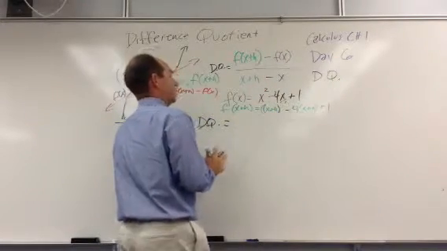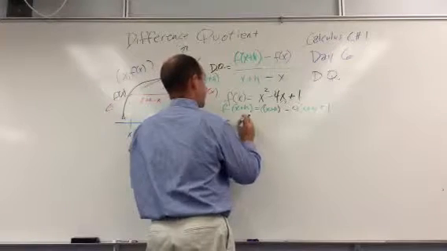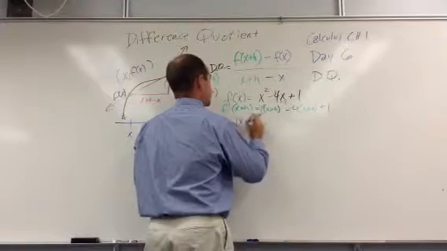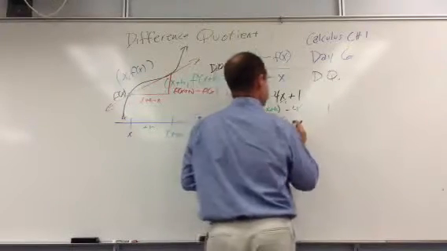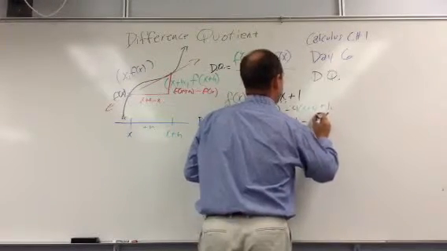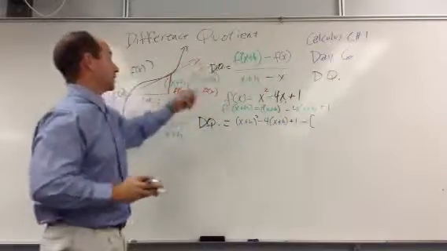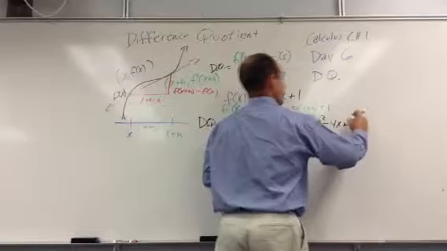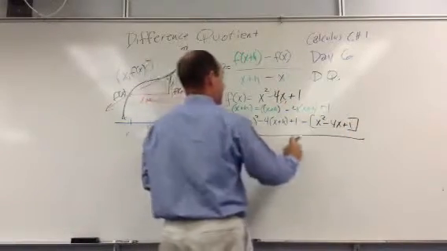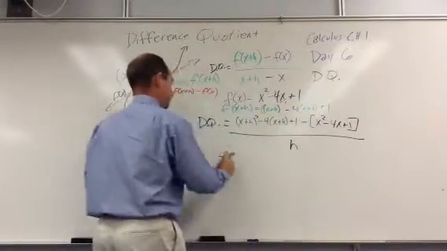So we're going to put that in there. Now we're going to subtract the function itself. We're going to subtract f of x. Well, that's x squared minus 4x plus 1. And we divide that by h.